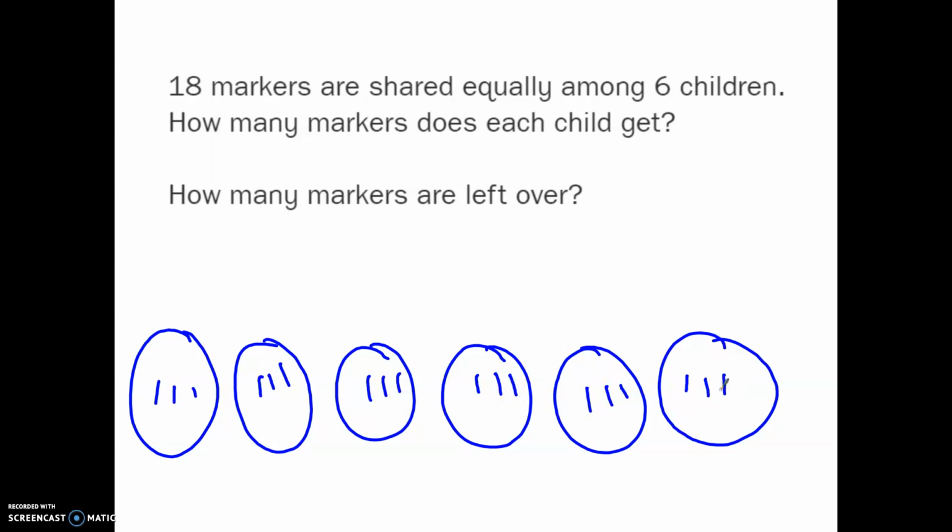Wow. How many markers does each child get? They each get 3. And how many markers are left over? None. There are no markers left over. So I'm not going to have a remainder in my problem. 18 divided by 6 equals 3. If there aren't any left over, I don't need to put the remainder in.